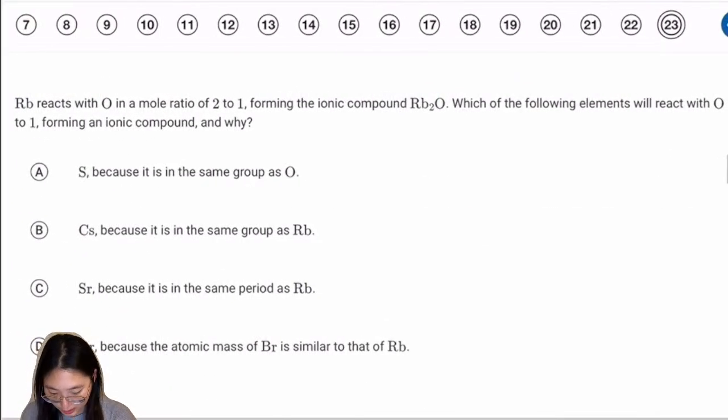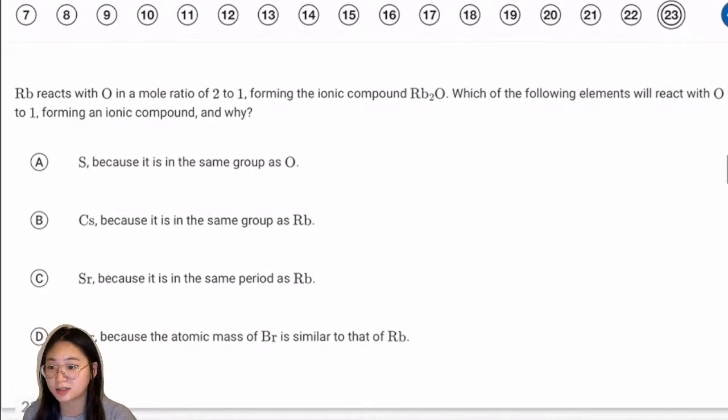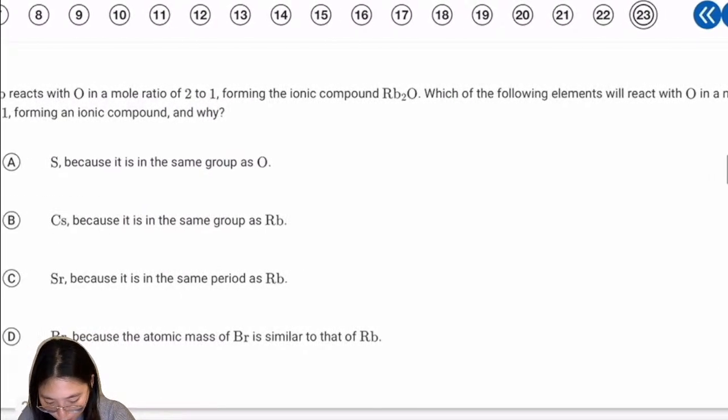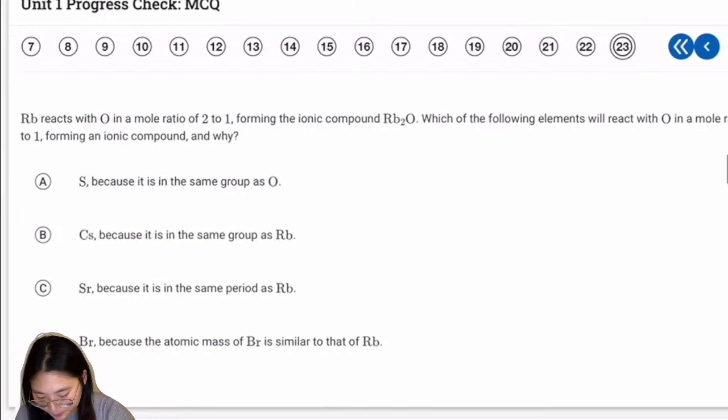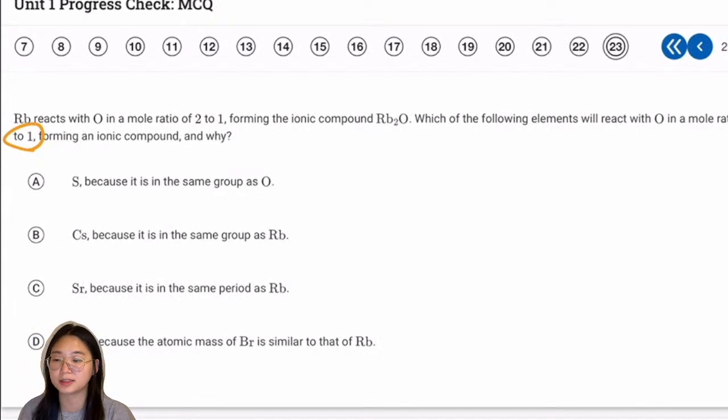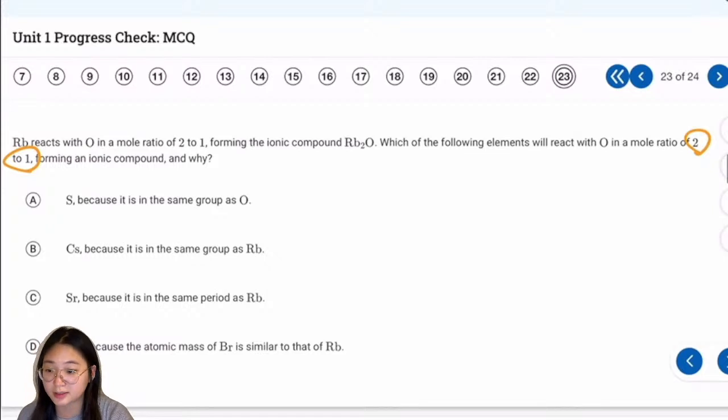Okay, so rubidium, Rb, reacts with oxygen in a mole ratio of 2 to 1, forming the ionic compound rubidium oxide. Which of the following elements will react with oxygen in a mole ratio of 2 to 1? So this is asking about the periodic trend. Rubidium is a type of metal, right?